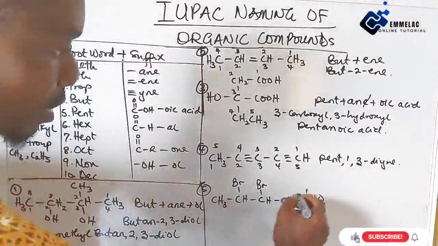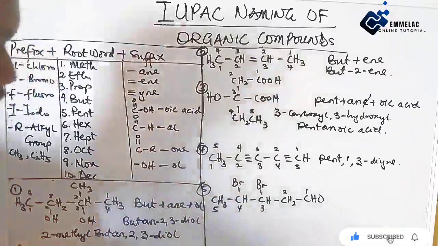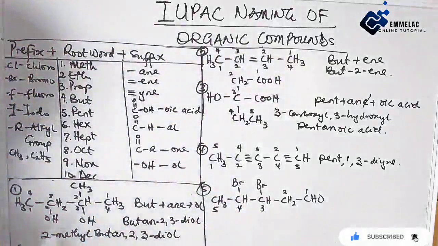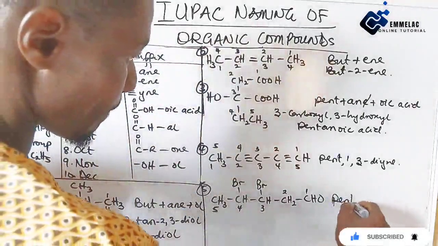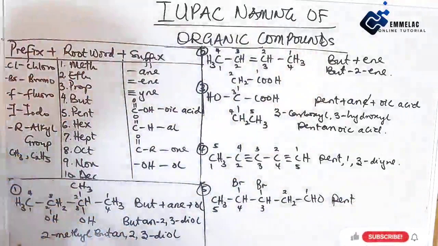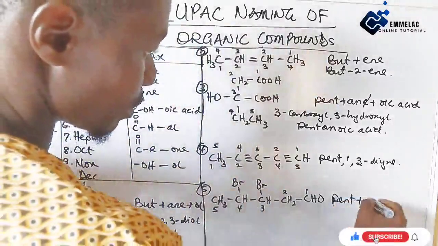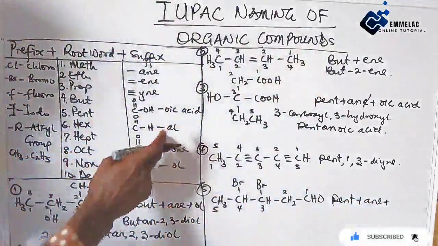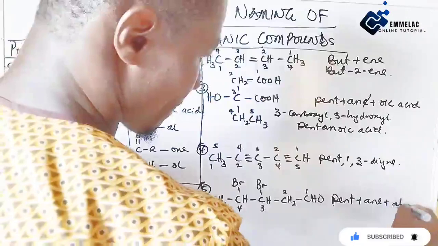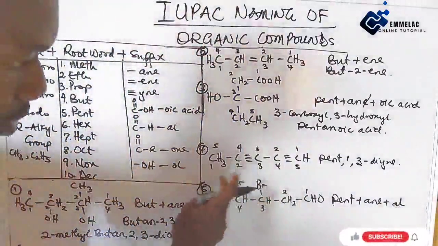All right, the final one here. Since you have a functional group here, we start with this 1, 2, 3, 4, and 5. Since we have 5 here, we have pent. And since here we have this functional group, take note, plus, since it's a single bond, this functional group here is al. Now what is the location of this halogen?